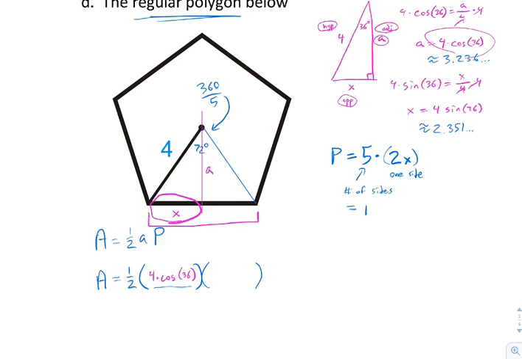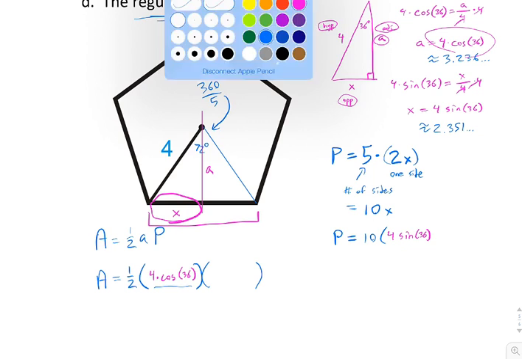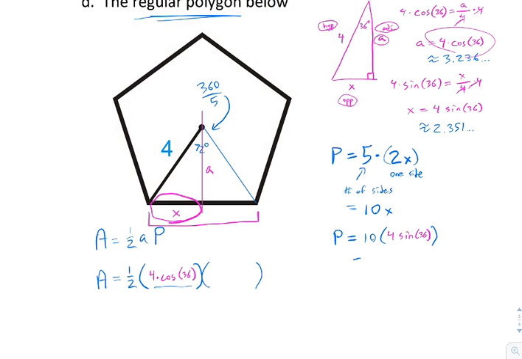That's the same as 5 times 2, which is 10x. And if I multiply 10 times x, I get that the perimeter is exactly 10 times 4 sine of 36. And so I get my perimeter is exactly 40 times sine of 36.